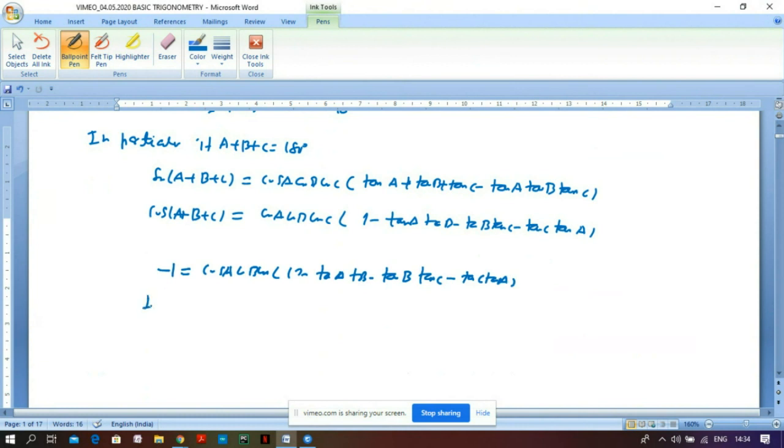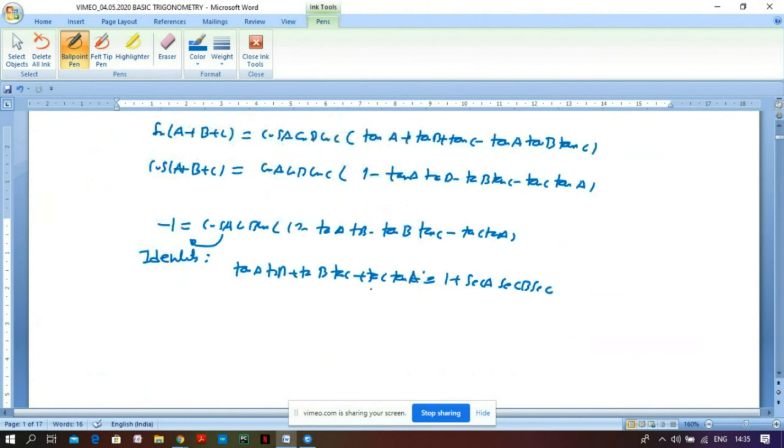So this gives an identity which is often useful. If you write negative 1 upon cos a cos b cos c, it will become sec a sec b sec c. So you will have tan a tan b plus tan b tan c plus tan c tan a become 1 plus sec a sec b sec c. That kind of identity is useful, provided you know these values a, b and c.